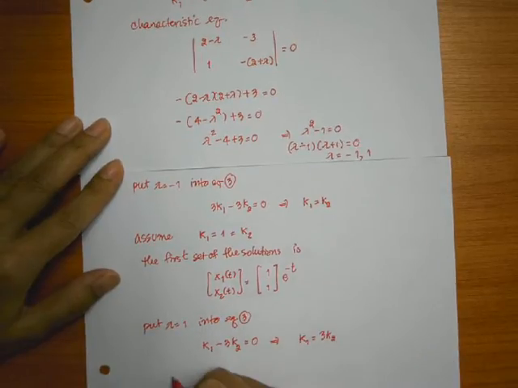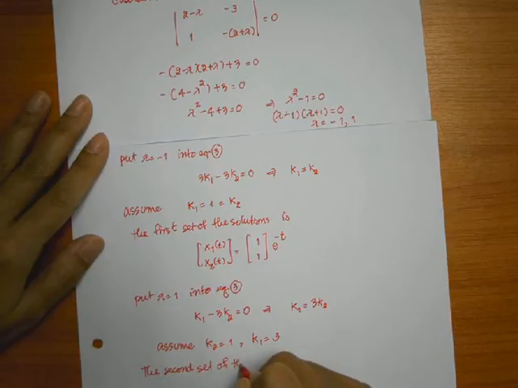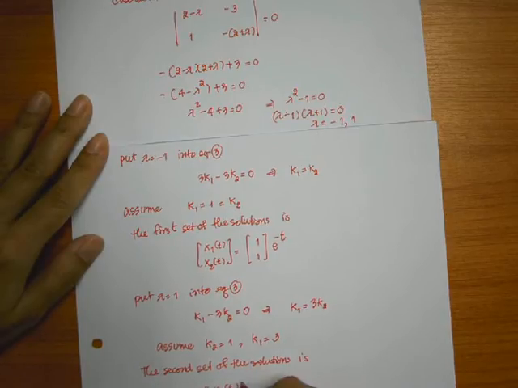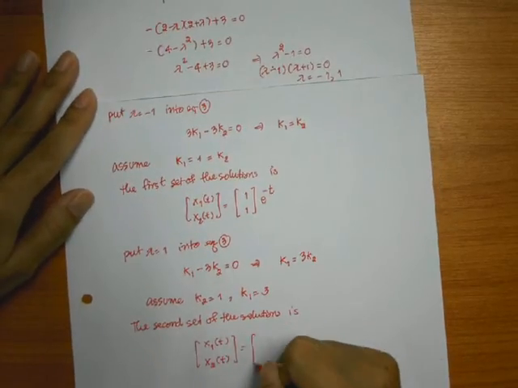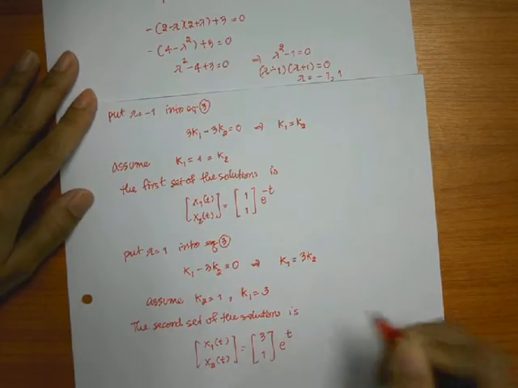So we just assume k2 equal to 1, then our k1 equal to 3. So our second set of the solution is x1t and x2t is equal to 3 times exponential of t.